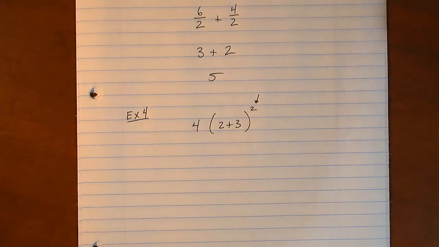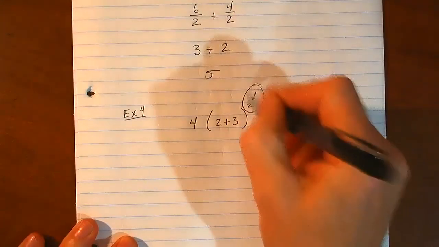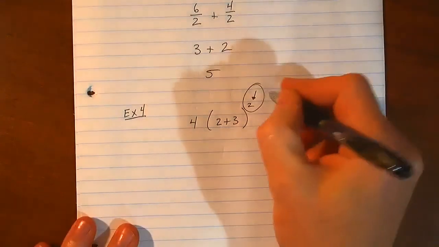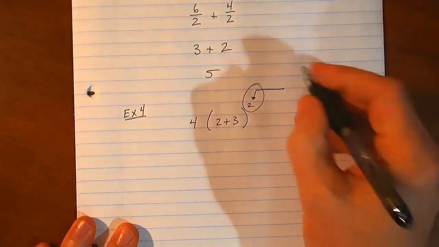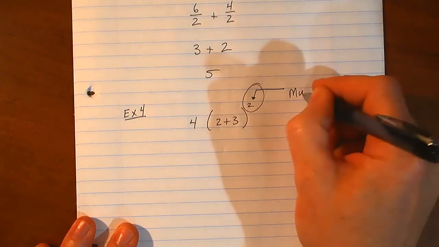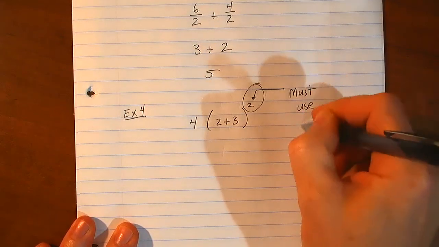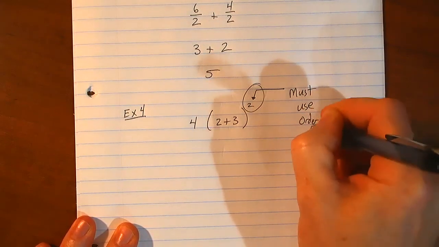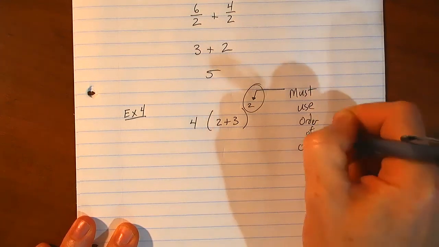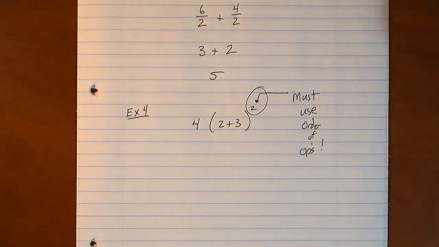And because exponents don't distribute, that means I cannot use the distributive property on this problem. All right, so as soon as an exponent comes into the game, that is my cue that I must use order of operations. Okay, I cannot use the distributive property because there's an exponent.